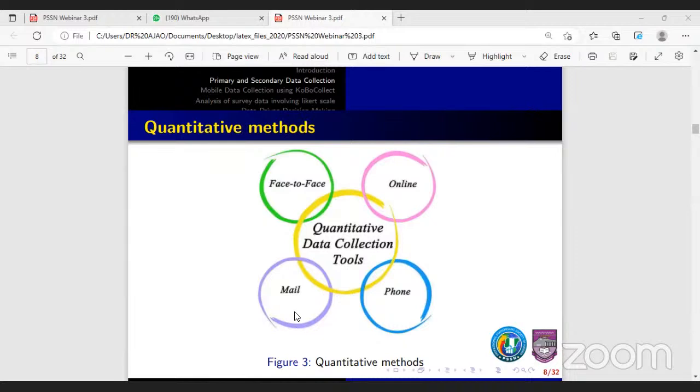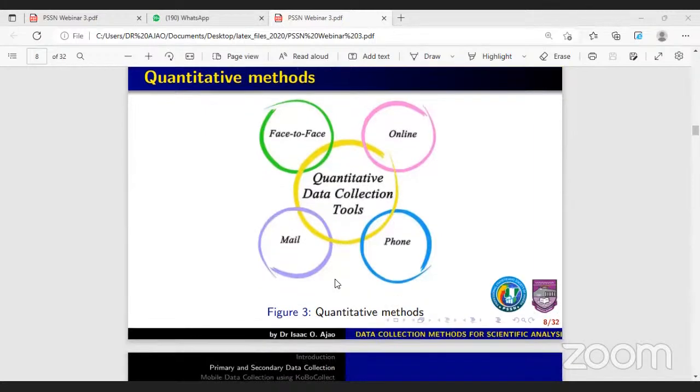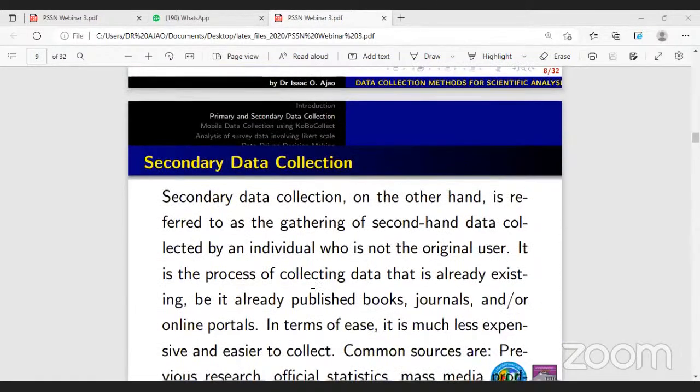And it's going to be authentic. It's only that we are not seeing the person, but the person will give us reliable results. This is quantitative, measuring.